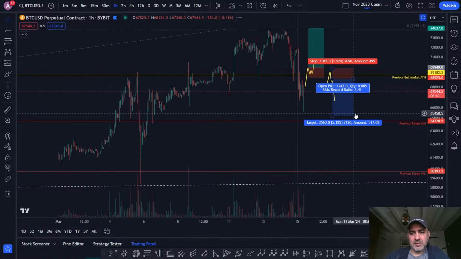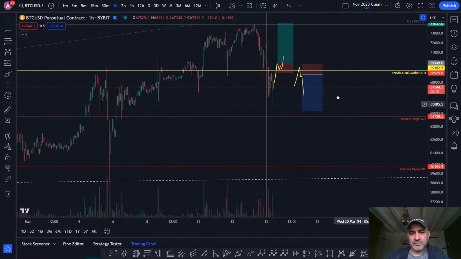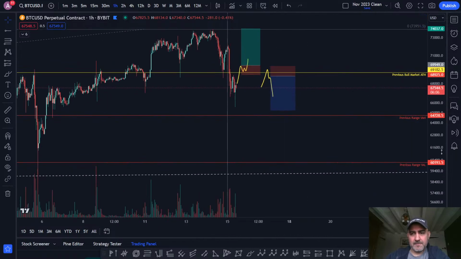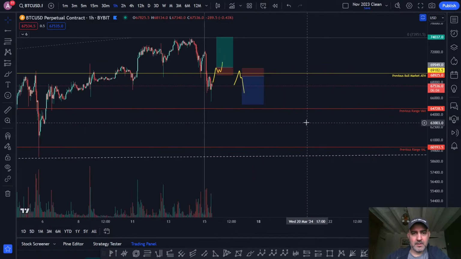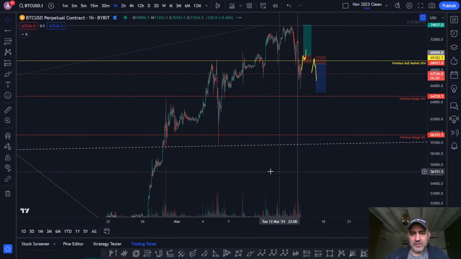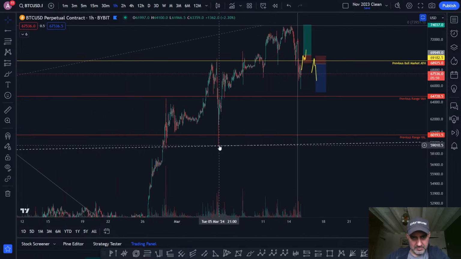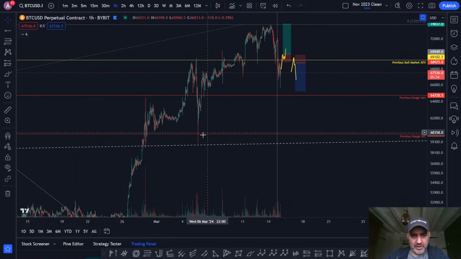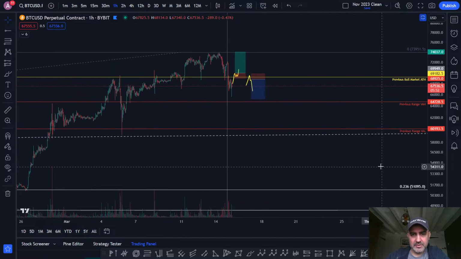And then probably lower down, the really good one is down here, because you've got this mid channel and you've got the previous range value area low, and you've got a swing failure as well, potentially off this level here.